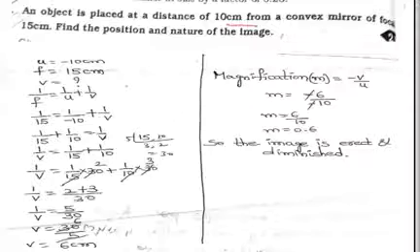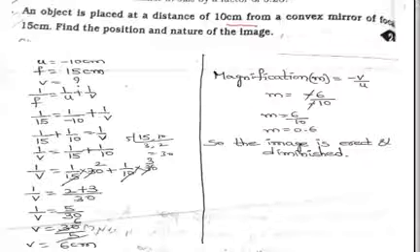Here we have the f value and the u value, and from that we can find v. u equal to minus 10 centimeter and f equal to 15 centimeter. Substitute these values in the equation.